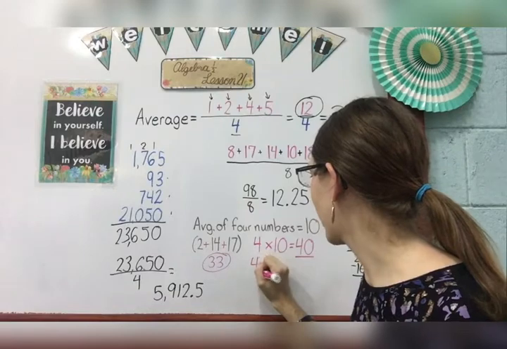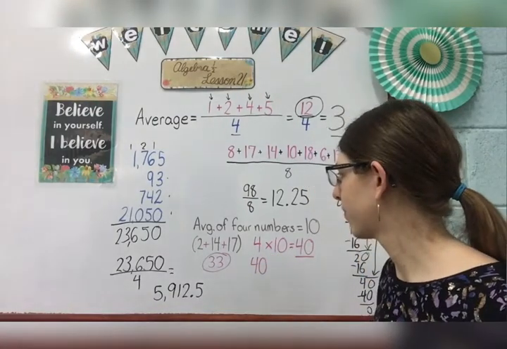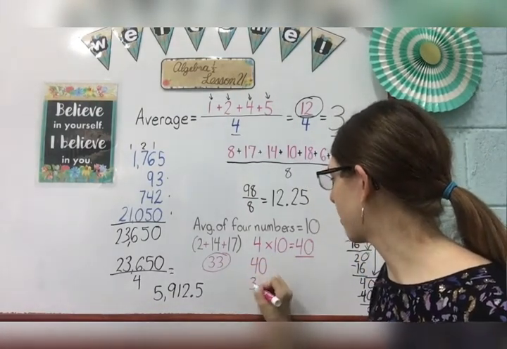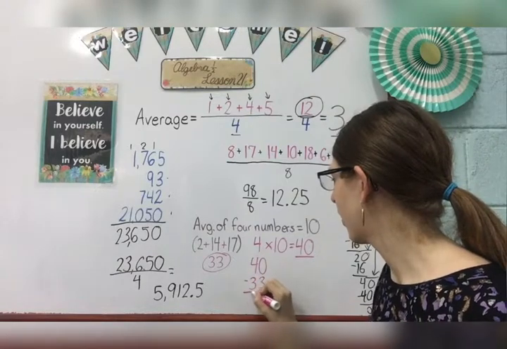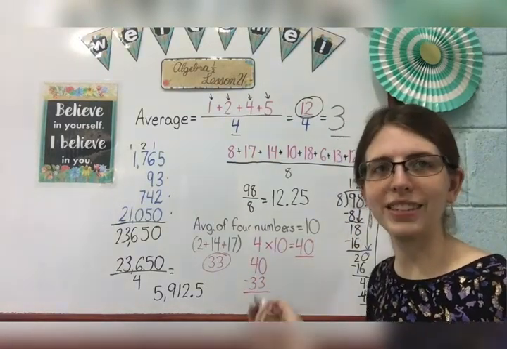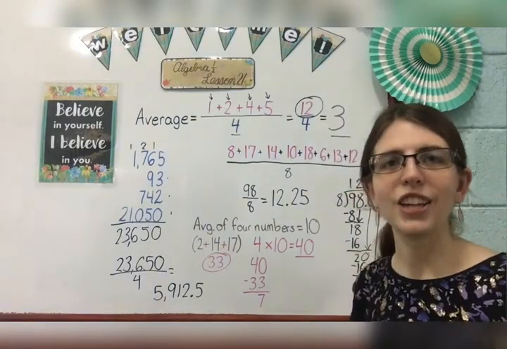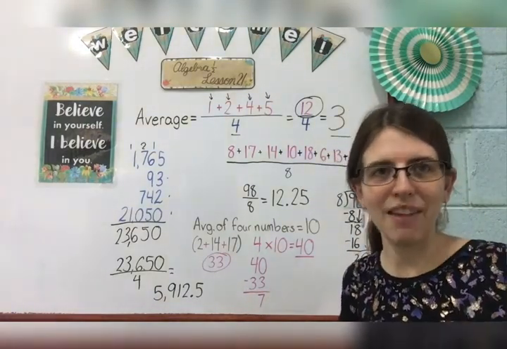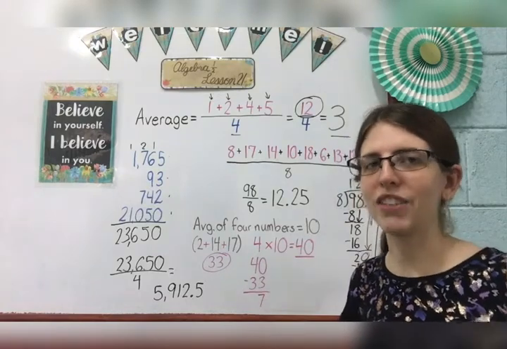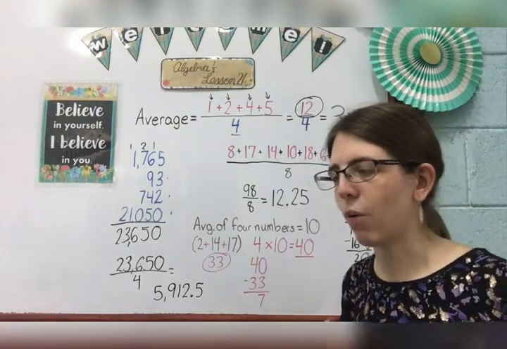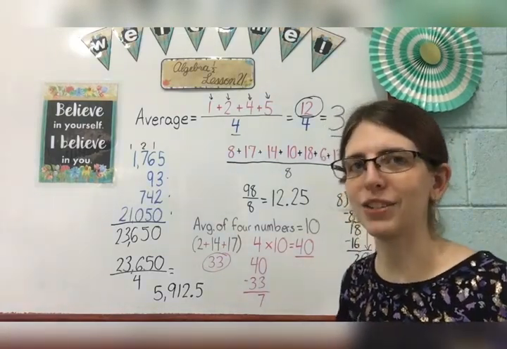If I take my whole sum, 40, subtract the 3 numbers, then what's left over is the missing 4th number. 40 minus 33 is 7, so that means the missing number is 7. That's how you solve this type of problem, okay? You have one of those in your practice, so go ahead and pause and do that now.